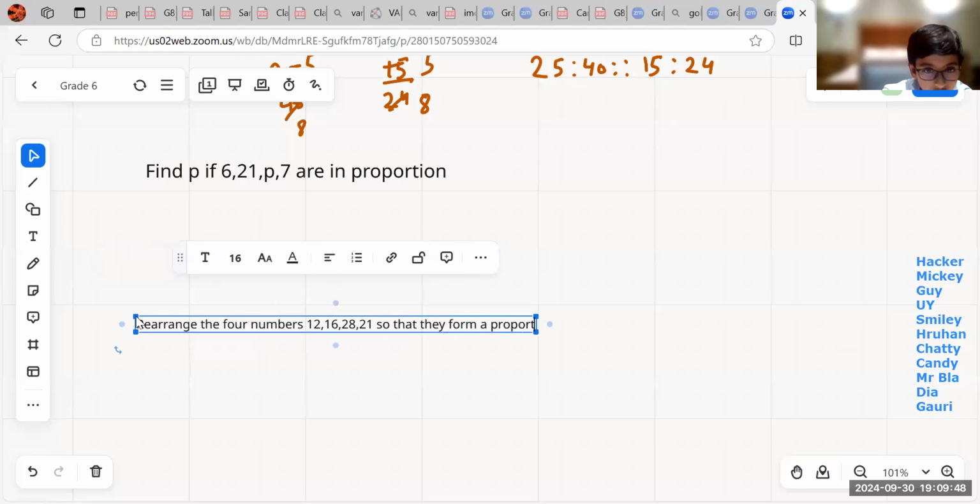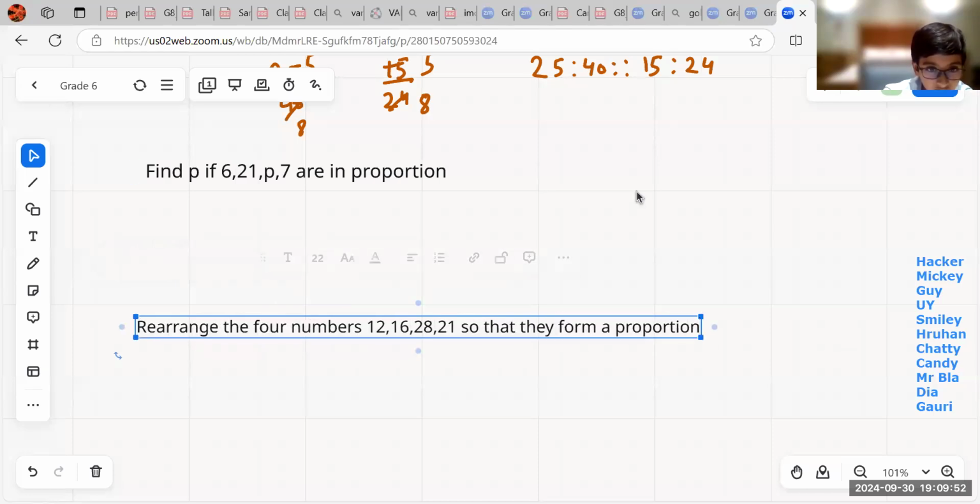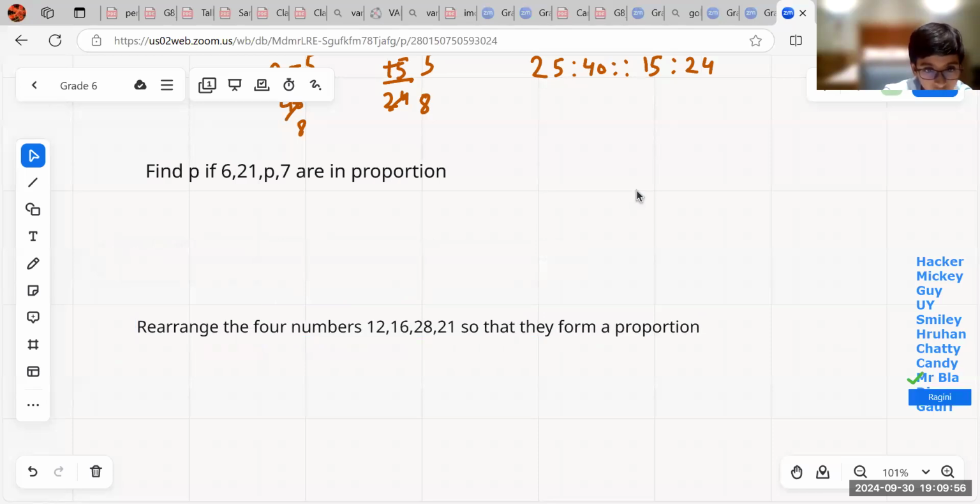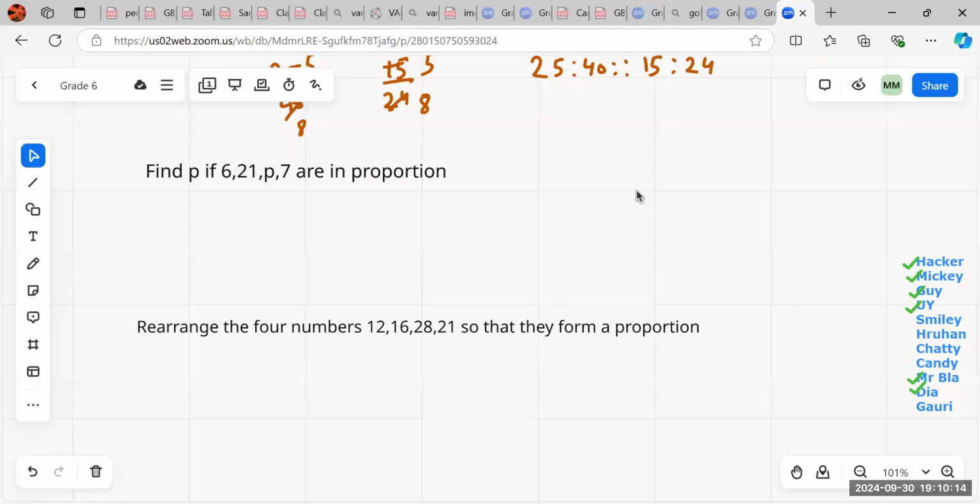The second one's tough. Very, very tough.